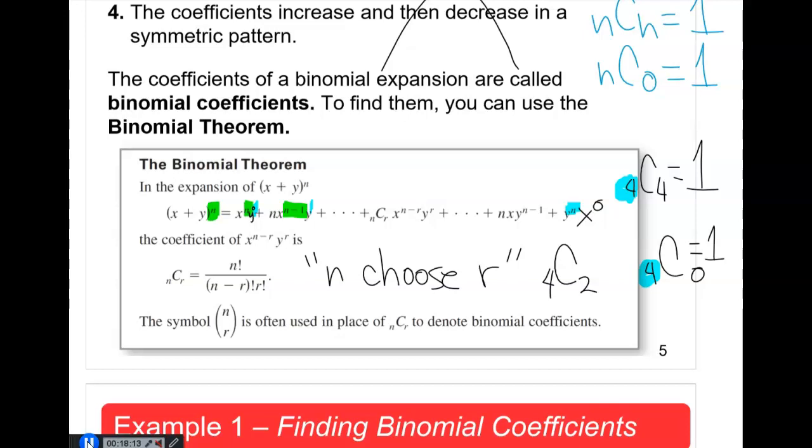Okay, and now to find what each binomial coefficient will be, we will use the formula that you see written down here. And this is also the formula for combinations.